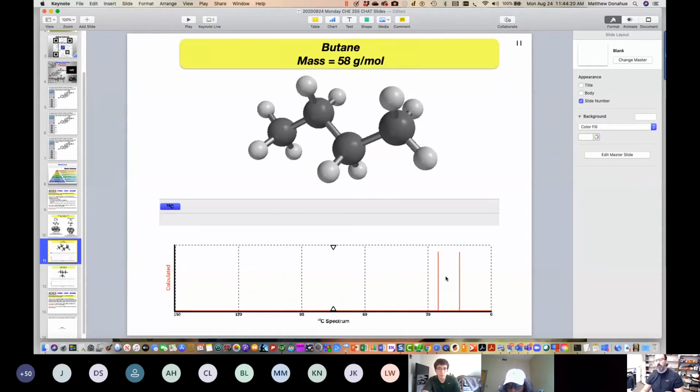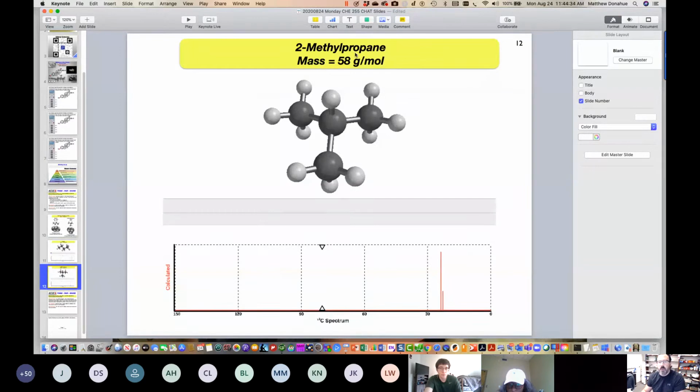So when I ask you about uniqueness, really what you're doing is you're thinking about the carbon in proton NMR. So notice the ratio in the carbon is equal for butane. Then when we go to 2-methylpropane, we also said there's 2, but now the ratio is different because we have 3 of one type and 1 of another type.